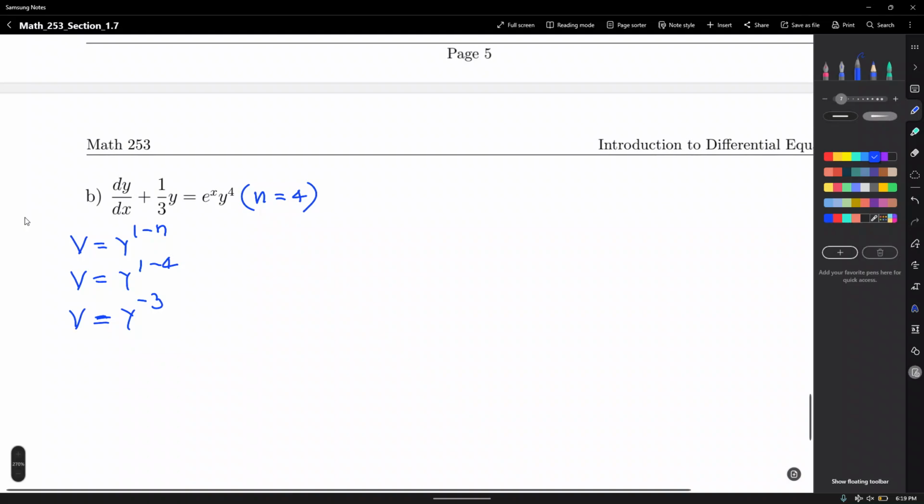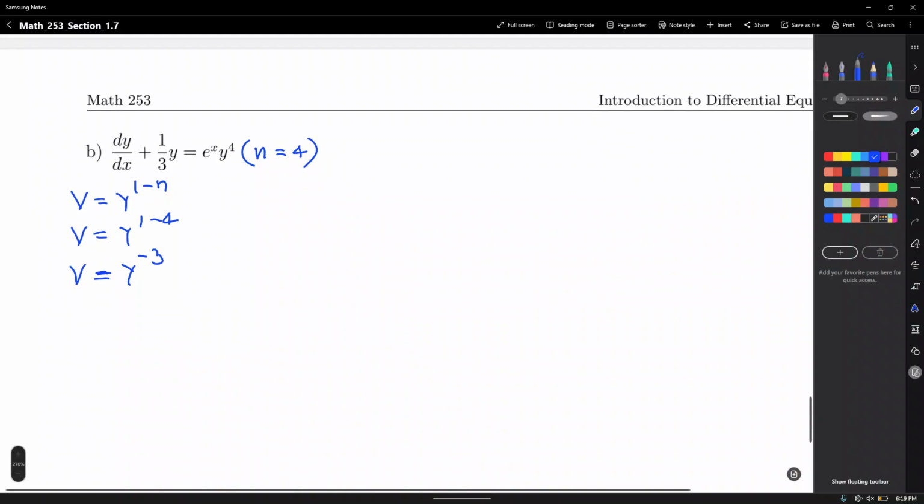Are you guys okay with this? Or if working with negative fractions like this bothers you, v equals 1 over y cubed. Cross multiply: y cubed equals 1 over v. Actually, let me do the negative exponent.